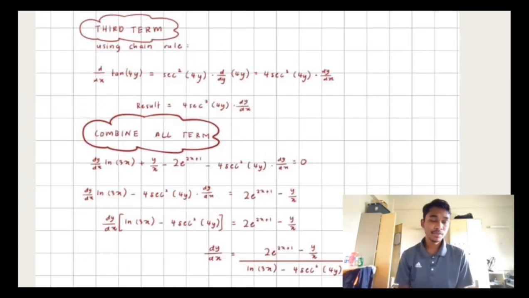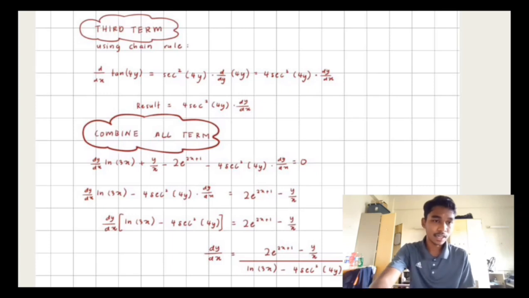So we move to the third term, also using the chain rule. The derivative of tan 4y equals secant squared 4y times d/dy of 4y, which is 4 secant squared 4y times dy/dx. So the answer is 4 secant squared 4y times dy/dx. Now we need to combine all the terms together.